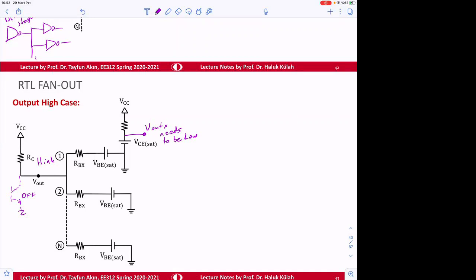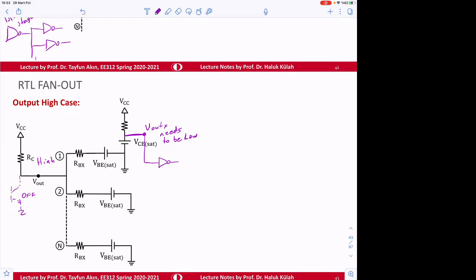In fact, if the next stage is up to 0.7, this output will be connected to another inverter, so it should be okay, like up to 0.7 volts, because if this output is connected to another inverter, up to 0.7, nothing changes.